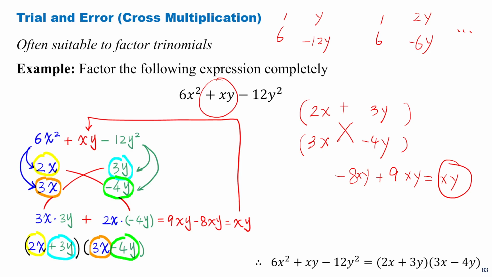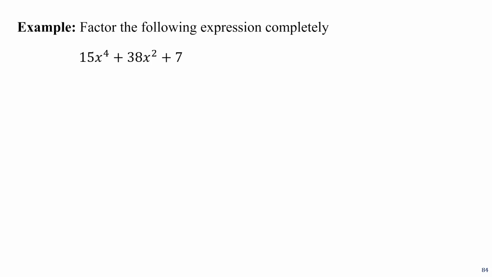Any questions? Okay, so no, because you are already familiar with this, so let's have a look at some examples directly then. Again, you have a polynomial expression like this. Can you factor the following expression completely? So basically, you have a trinomial, right?